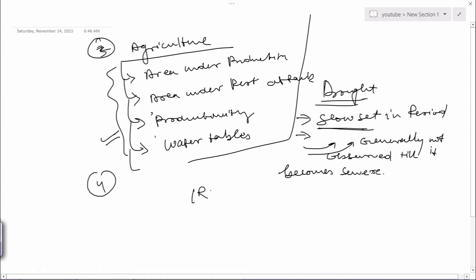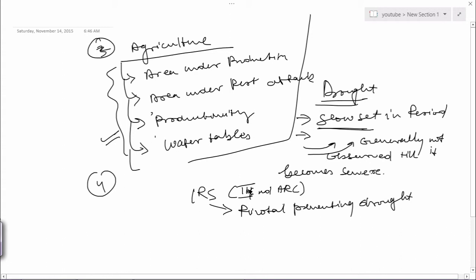But the IRS and even the second ARC in its report on disaster management says that the remote sensing satellite plays a pivotal role in preventing droughts because the IRS gives us a bird's eye view of the picture.